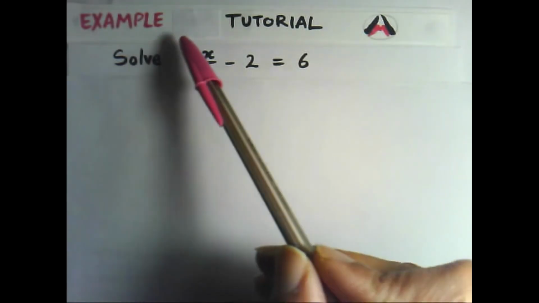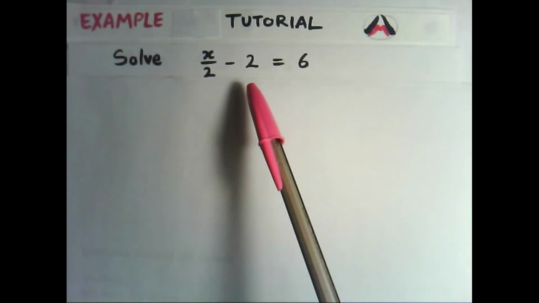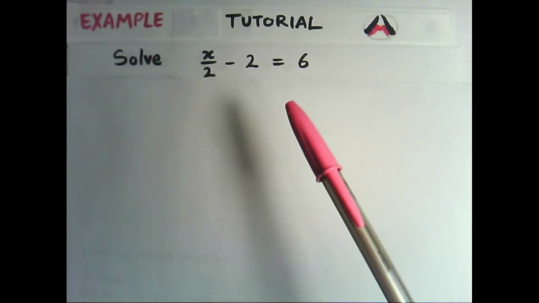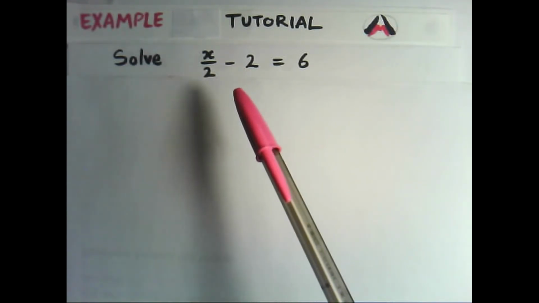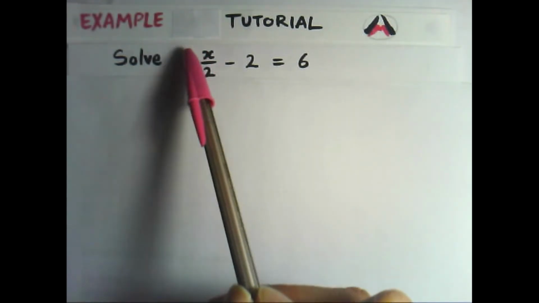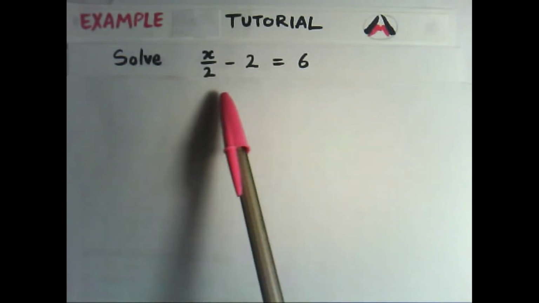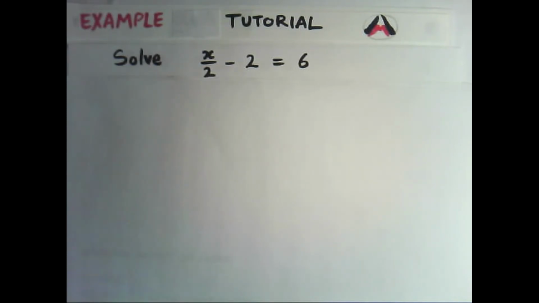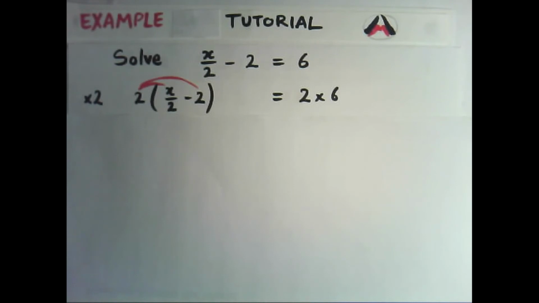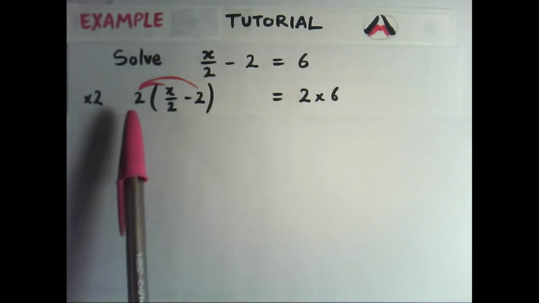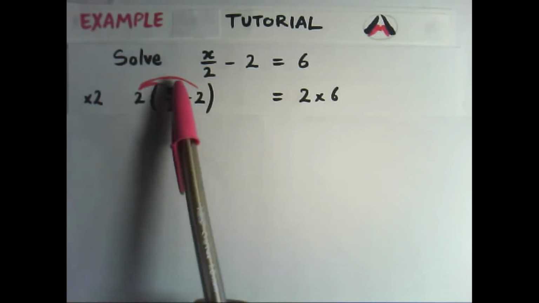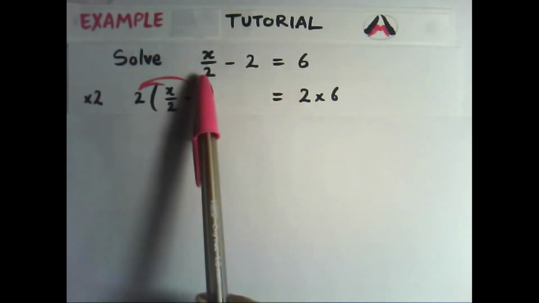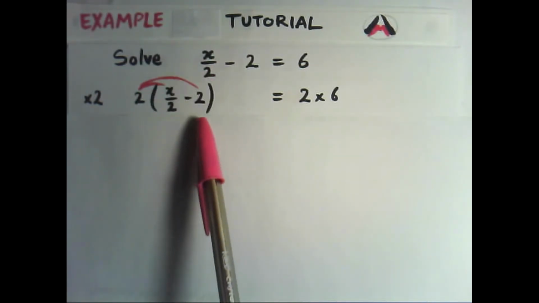Now, if we are going to multiply the entire left-hand side by 2, the best notation to write this down would be to use brackets around these two terms and then place a 2 on the outside of the brackets. So there's 2, open bracket, the entire left-hand side, and then close bracket.